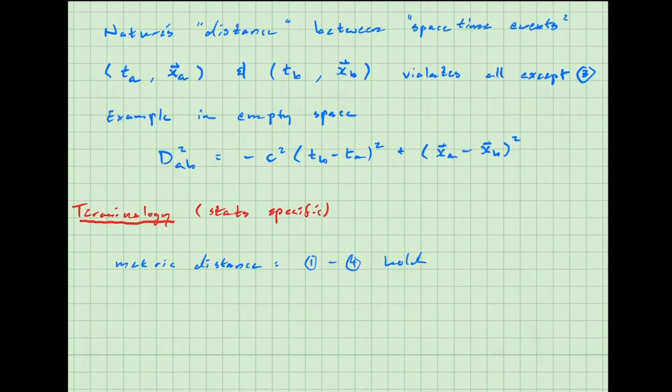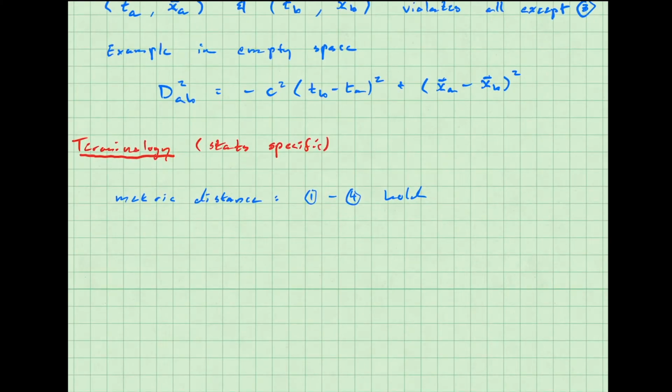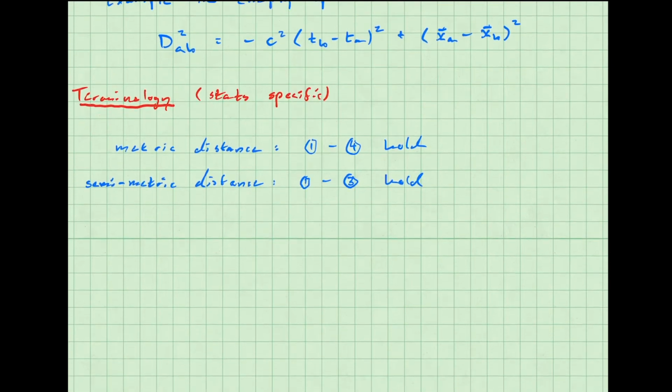We say it's semi-metric if only properties 1 to 3 hold, so property 4 is violated.